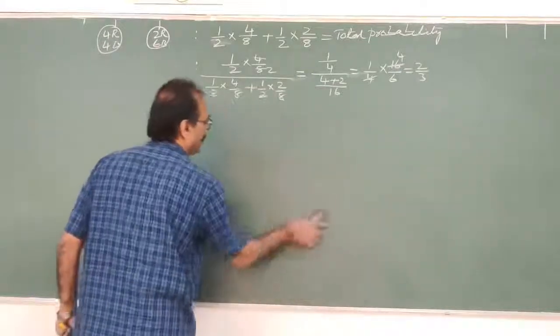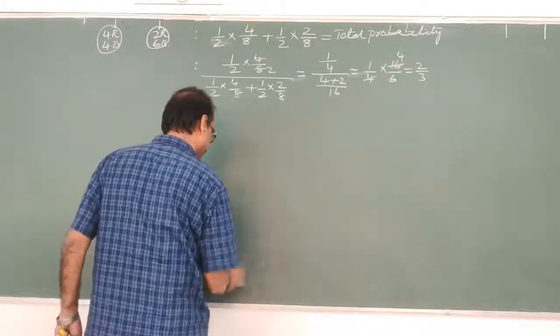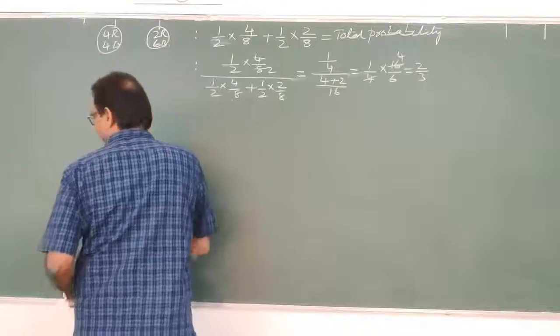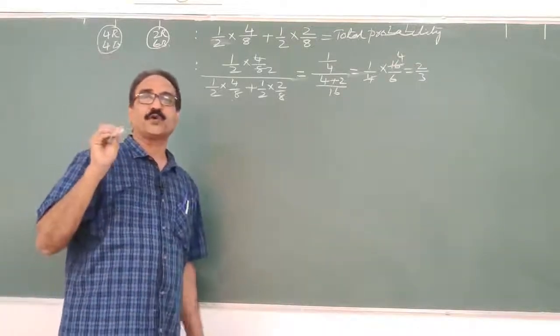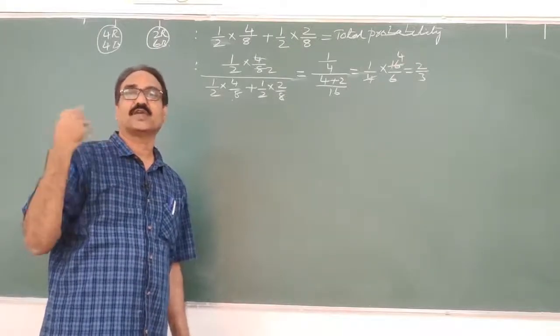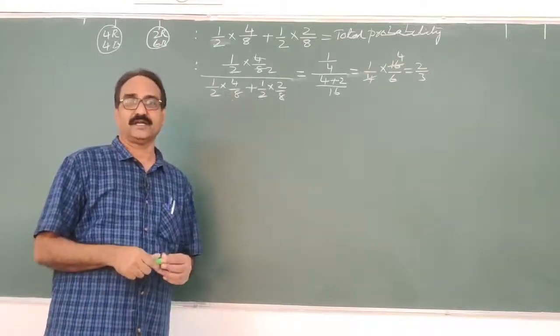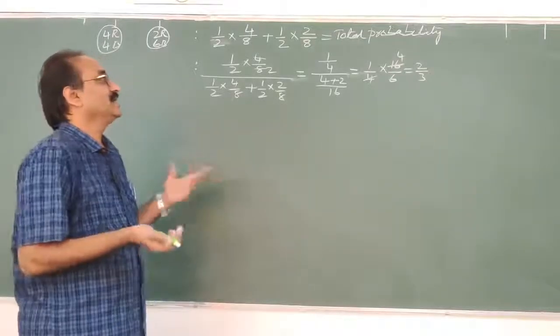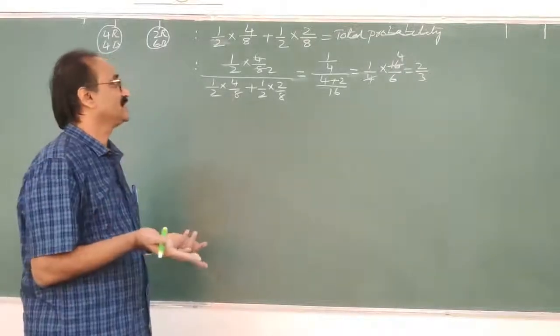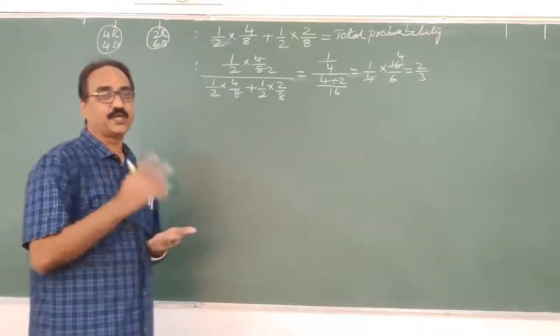How the representation will be done. What I said in Bayes theorem yesterday: the sample space is divided into n mutually exclusive and exhaustive events, partitioned. N partitions we made in the sample space. Correct? Here, what is the sample space? How many partitions are there? 2.